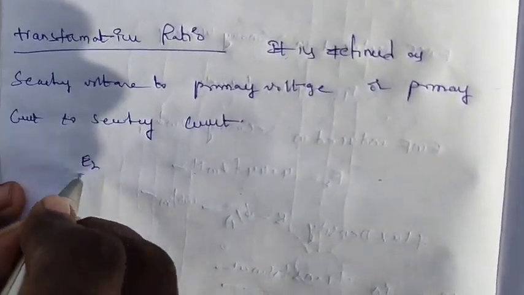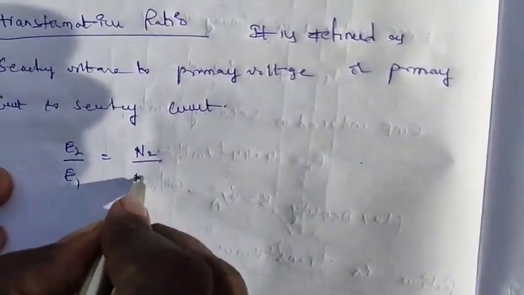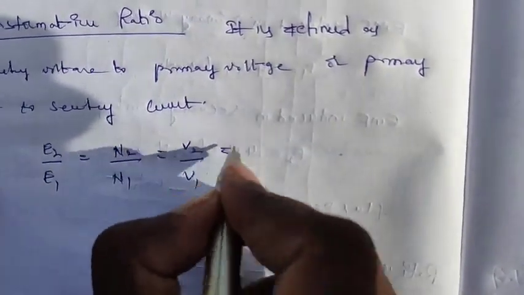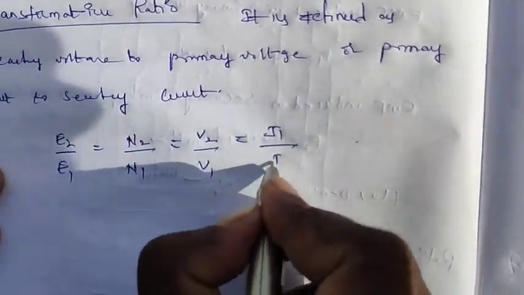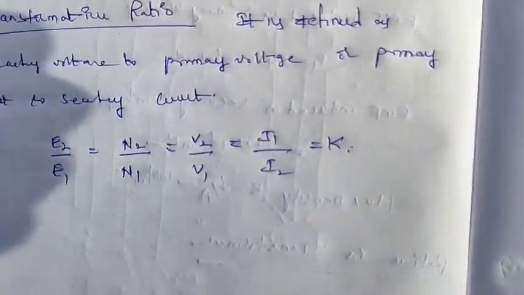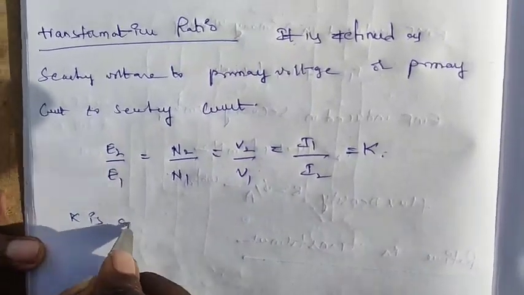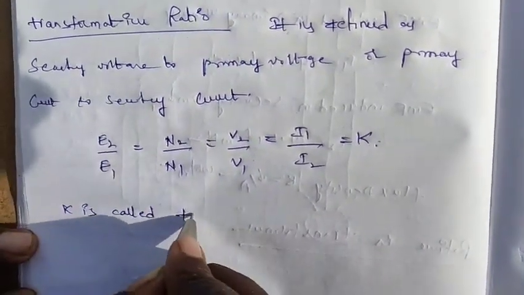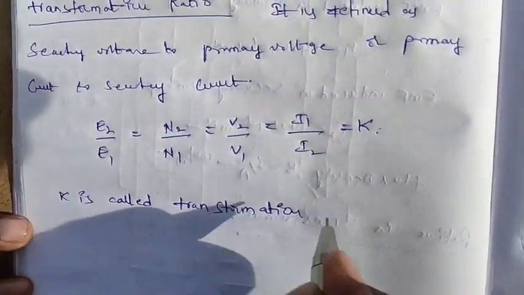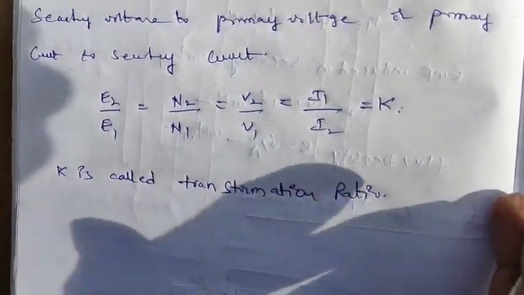That is E2 by E1, equal to secondary turns N2 by N1, equal to V2 by V1. In terms of current, that is I1 by I2. It is equal to K. K is called transformation ratio.